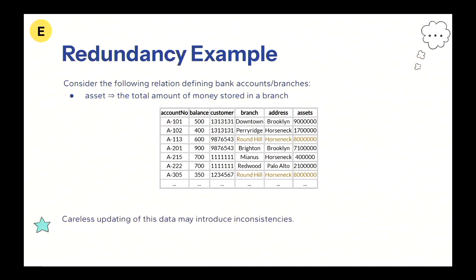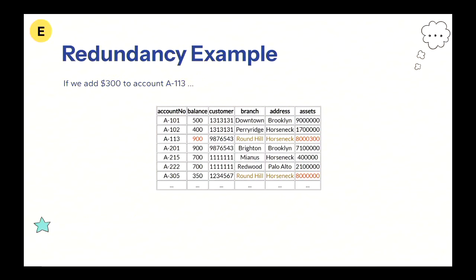And the first thing is careless update will cause problems. So let's say we add $300 to the account of A113.